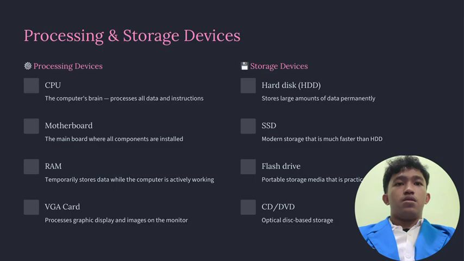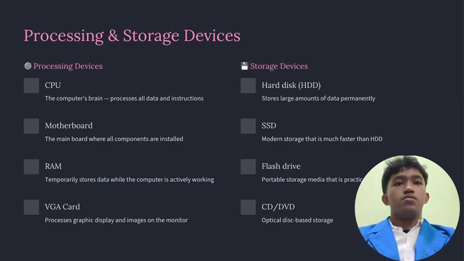Next, there are two more hardware groups that are just as important. CPU, the computer's brain, responsible for processing all data and instructions. Motherboard, the main board where all components are installed. RAM, temporarily stores data while the computer is actively working.